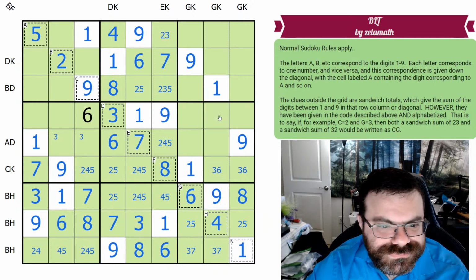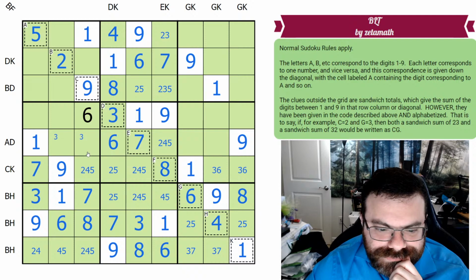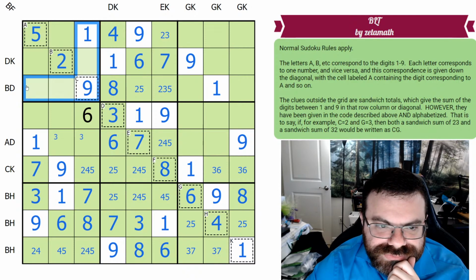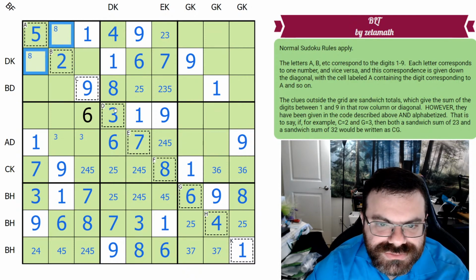Maybe I... Is there more Sudoku to do first? 8's in one of those.